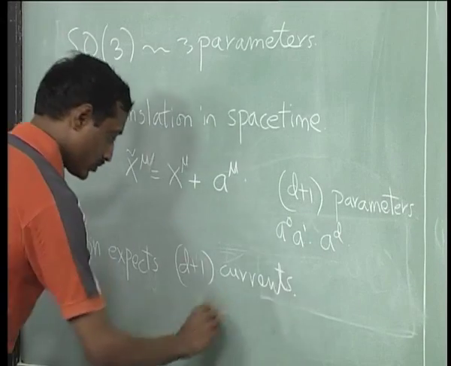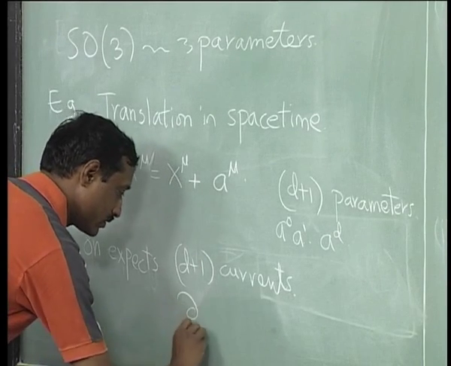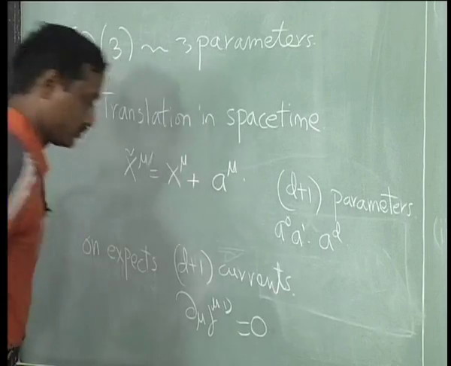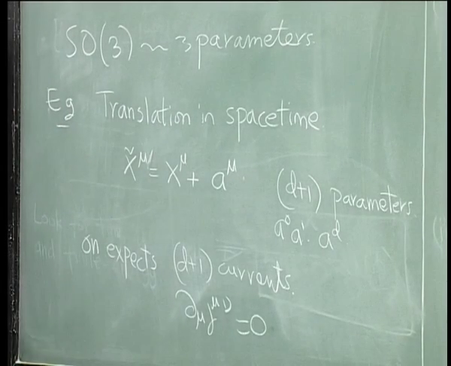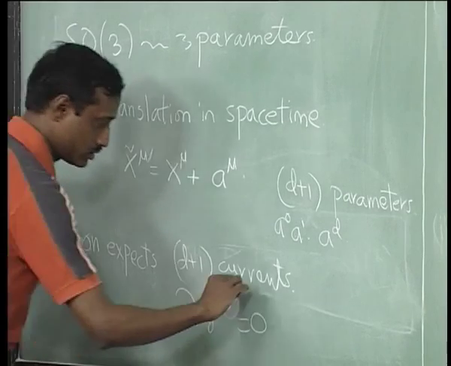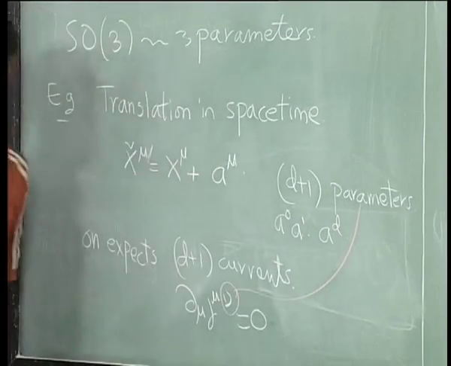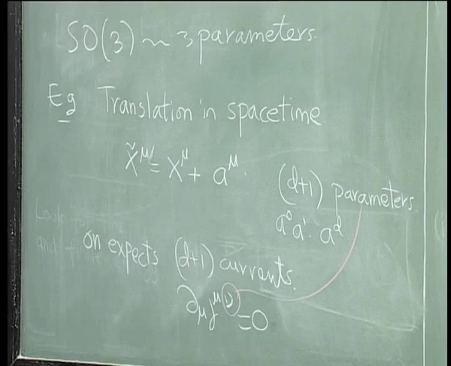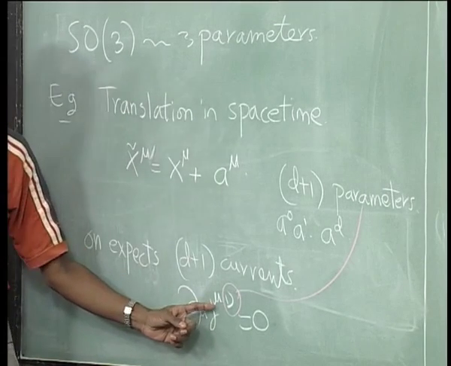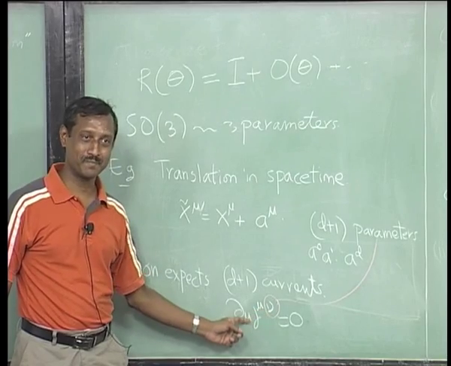So what we will do is write something like this, d mu j mu nu equal to 0. Here this nu refers to these d plus 1 parameters. It is a little bit confusing in the following sense that both of these indices run over the same thing.